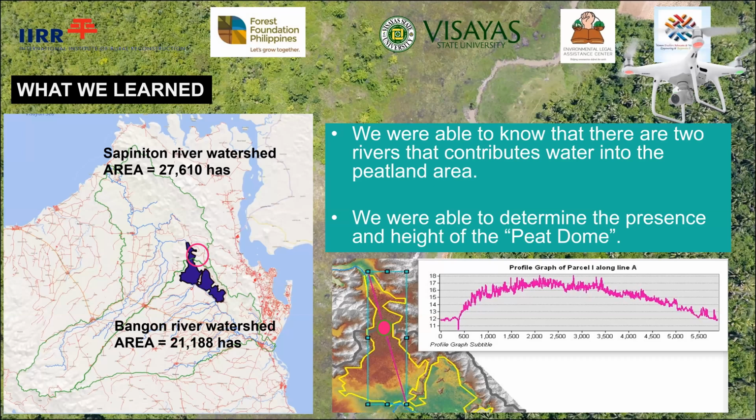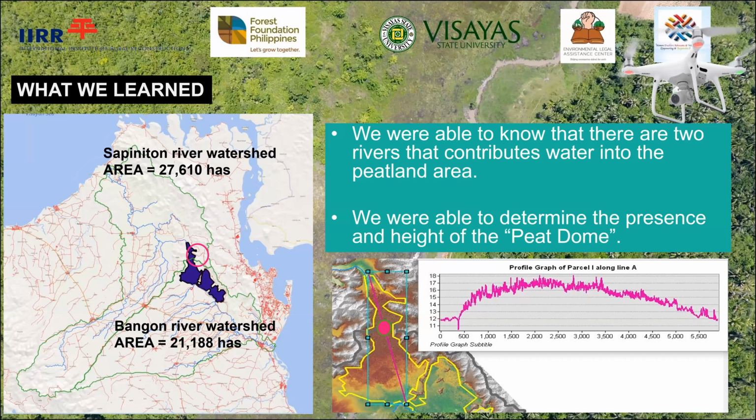Okay, and then using also the images and the detailed contour map that we were able to derive, we were able to pinpoint 3 topographic physical barriers in the whole project area. These physical barriers are the ones that hold the water and any organic matter in situ, because this is the condition that will promote the development of peat soil.